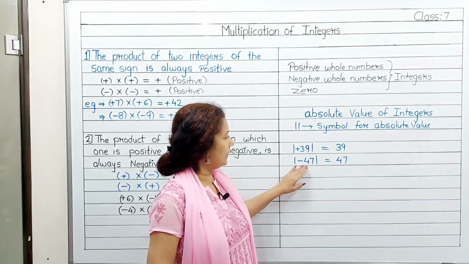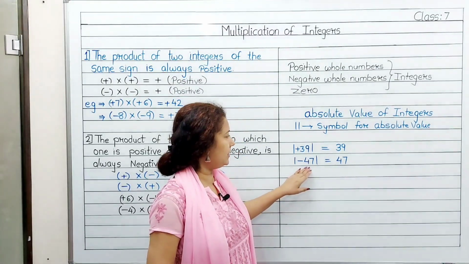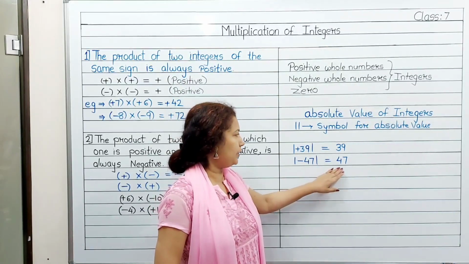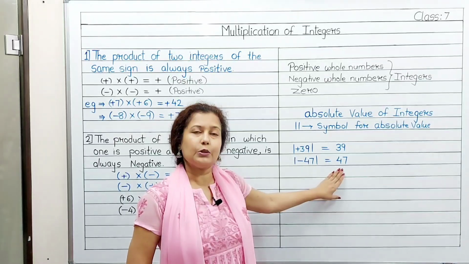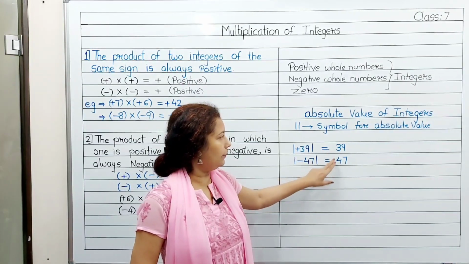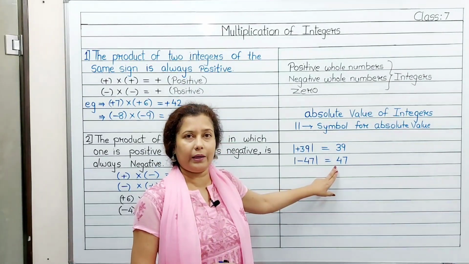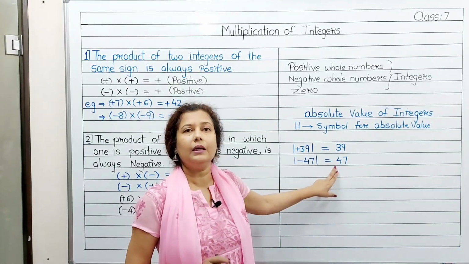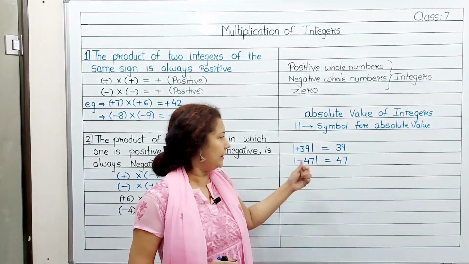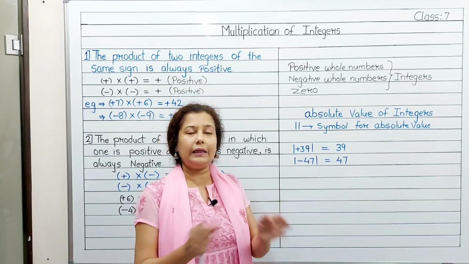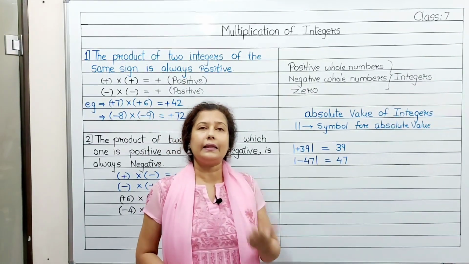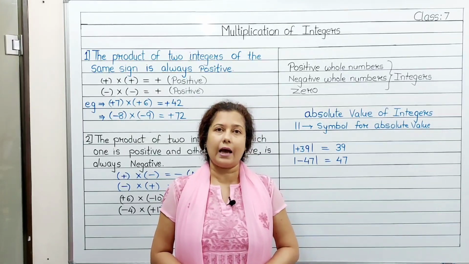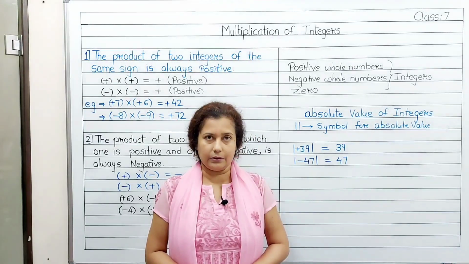Second number is negative integer, that is minus 47. The absolute value of minus 47 is 47. So absolute value is nothing but the numerical value irrespective of the sign. Whether it is positive or negative, we leave the sign and we just write the numerical value, and that numerical value is the absolute value of the integers.